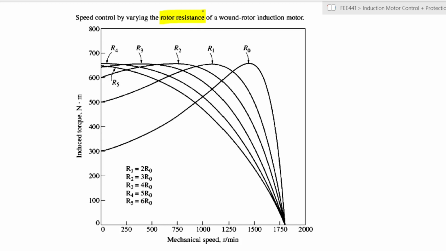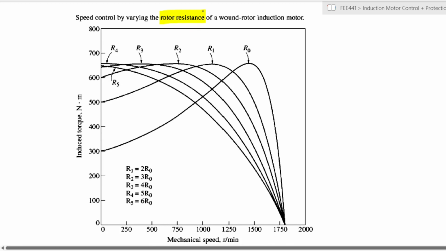So if you were to change the value of the resistance within the rotor, you would consequently have a change in the value of the torque and the speed that is coming out of that.